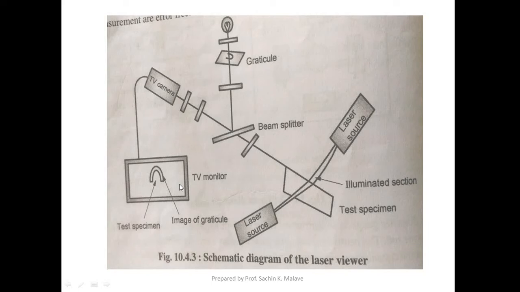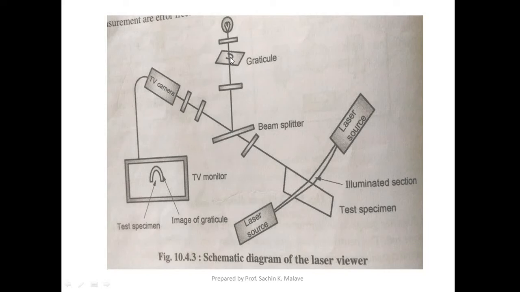Now the position of the graticule is adjusted so that the two images are superimposed. The image of the test specimen and the image of the graticule are superimposed on each other. For that you have to adjust the image of the graticule. Whatever the standard blade image is, that is already engraved here.